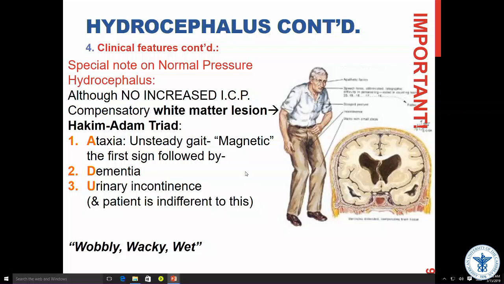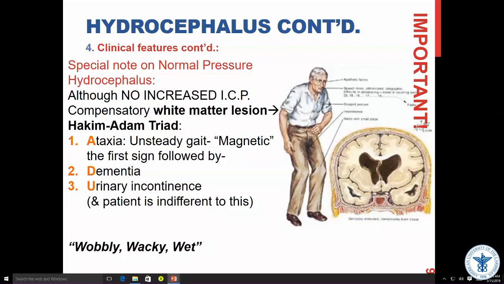It typically occurs in the elderly. And because of compensatory white matter lesion, they have certain problems, depending upon where it is. There is ataxia of a particular type. We had never talked about this ataxia before. This type of ataxia is basically described as an unsteady gait. It's described characteristically as a magnetic gait. So if a person is standing like this, you ask him to walk.